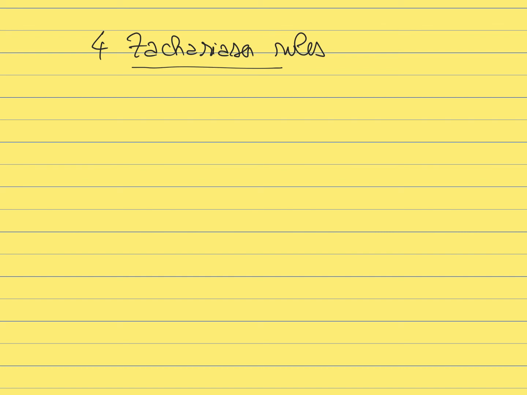So now, based on all of this, it's time to review what are those four rules given by Zachariasen that will tell you in which condition a given oxide, binary oxides, will be able to form a glass. Those four rules give some geometrical or topological conditions. The topology refers to how those atoms are connected to each other.